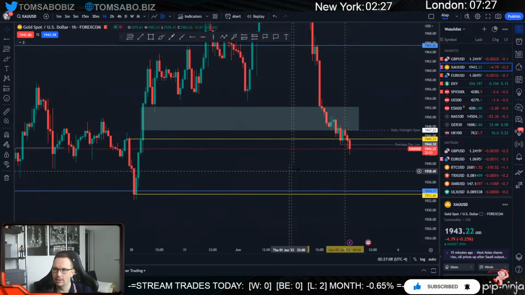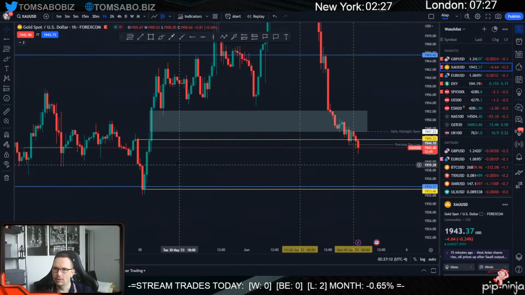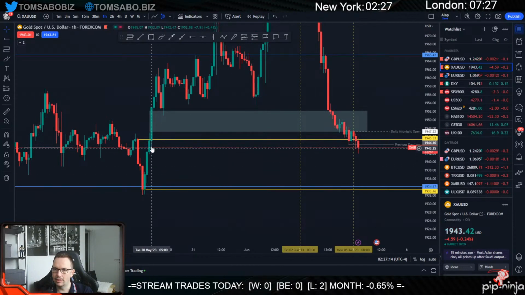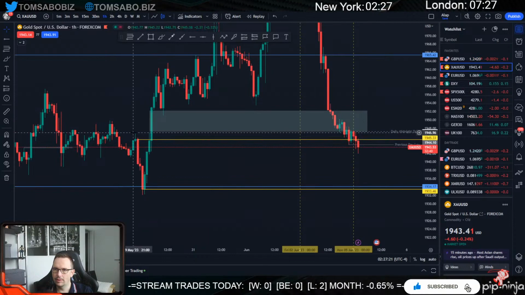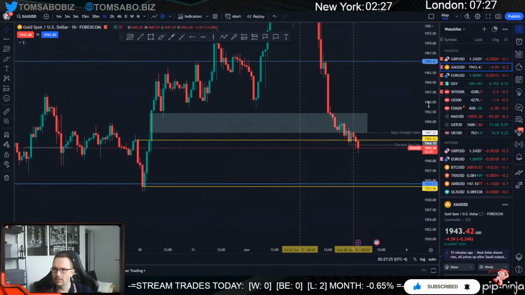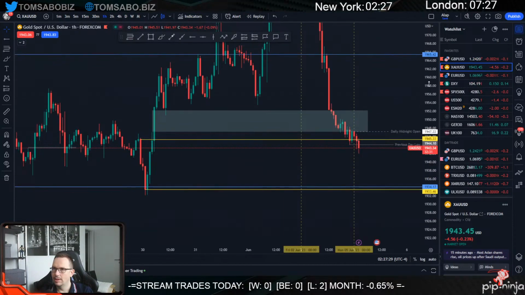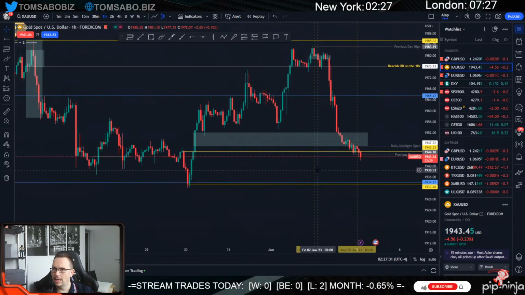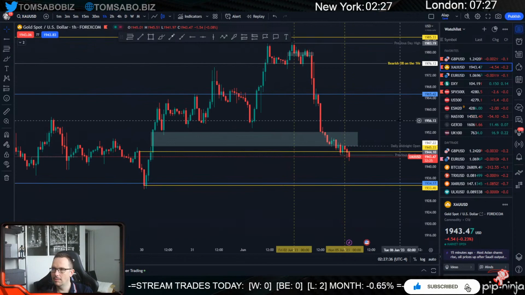This could be the range of an order block. Look at this order block. It actually changed structure right here with this candle, broke this structure. Maybe not the perfect order block, but we are inside that range. And, you know, anything can happen.